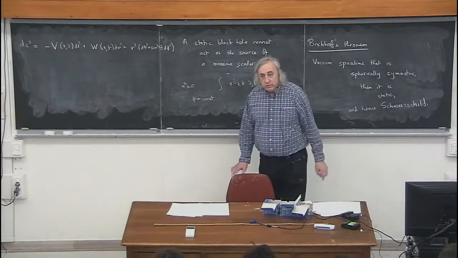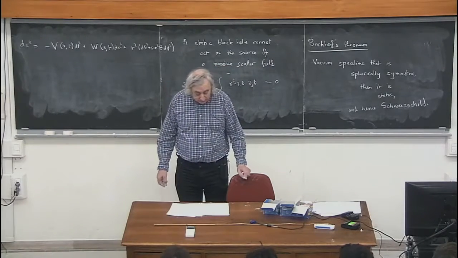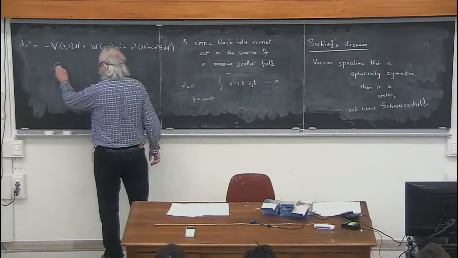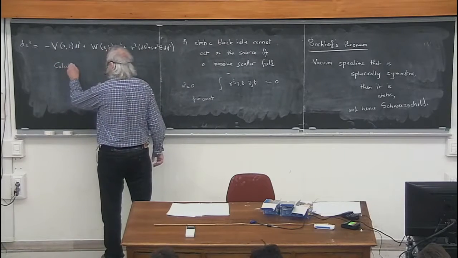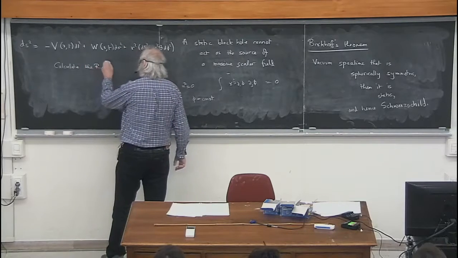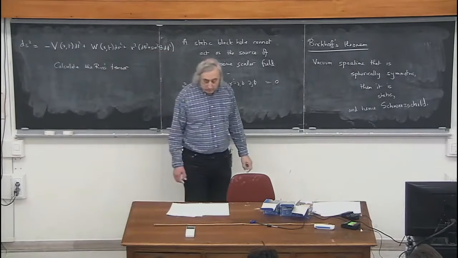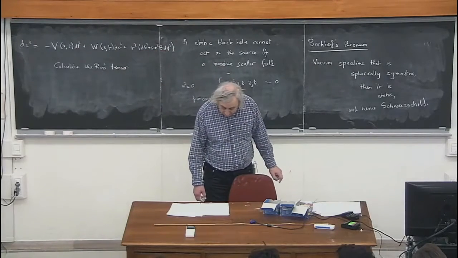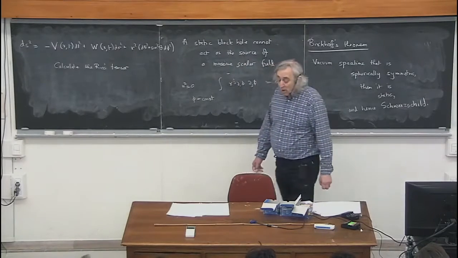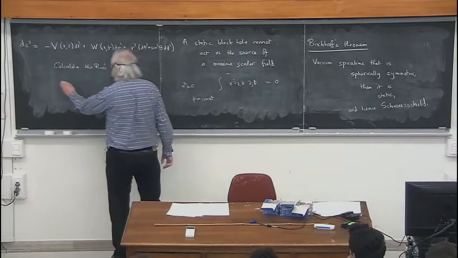Now what you need to do is to calculate what the Ricci tensor is, and then put it equal to 0. So I think the thing to do to start with is just to write down one component of the Ricci tensor, and that's R_tr.